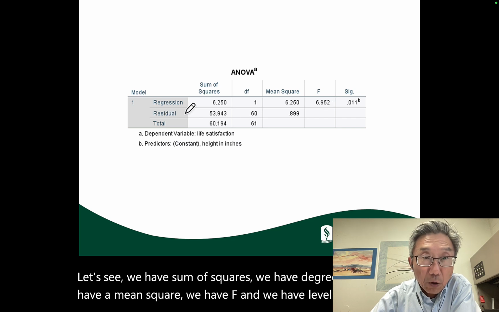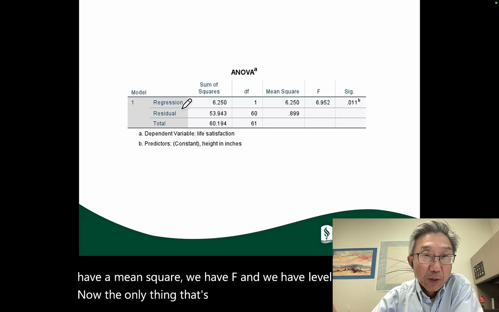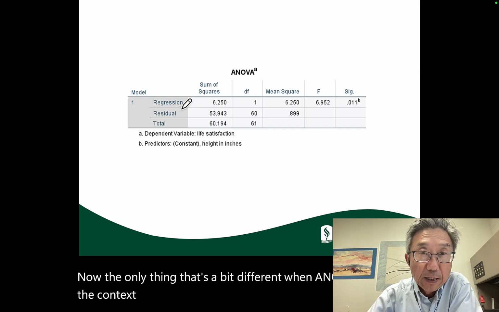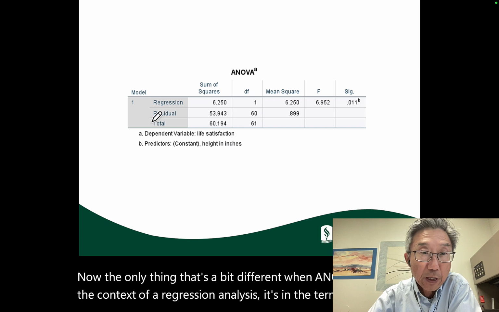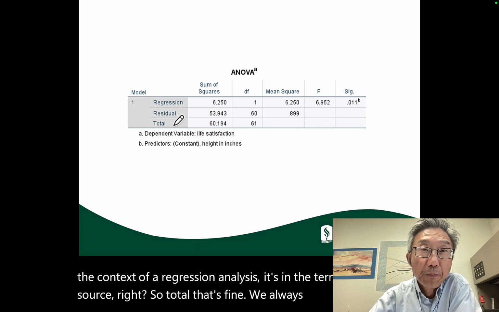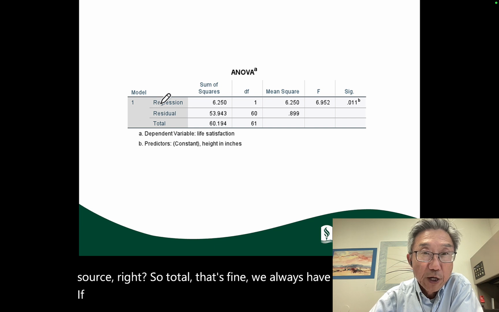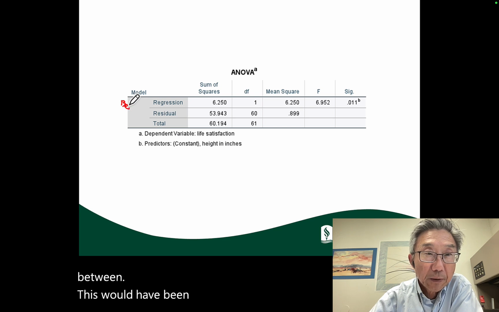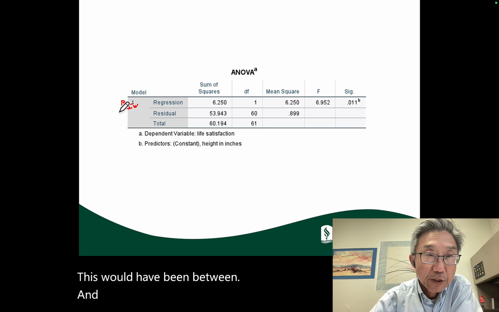Now, the only thing that's a bit different when ANOVA is used in the context of a regression analysis is in the terminology for the source, right? So total, that's fine. We always have total. If we conduct a between subjects ANOVA, this would have been between, and this item is called within or error.